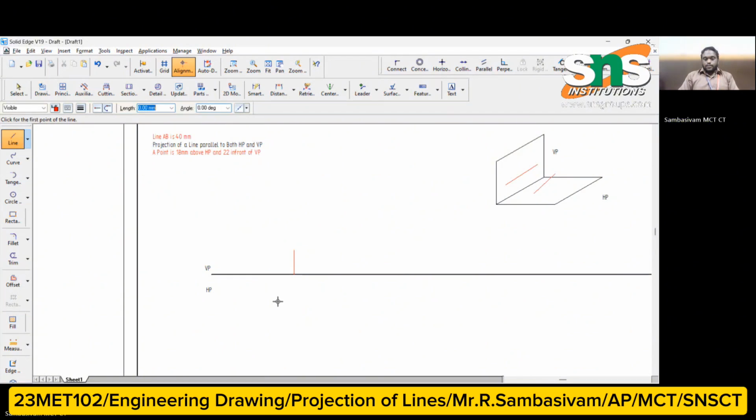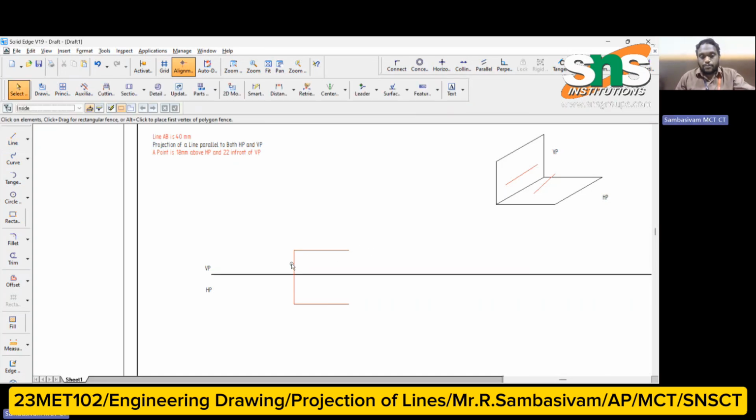Similarly, I have to draw the line below, which is 22 mm below VP. So I have to draw like this. When I represent the line, the total length of 40 mm will be represented like this. Similarly, the 40 mm line will be represented like this. So these both lines will be represented like this. This is how the line will be projected.